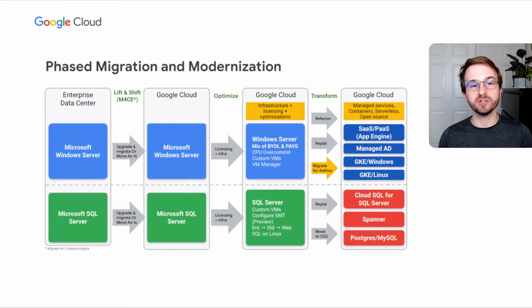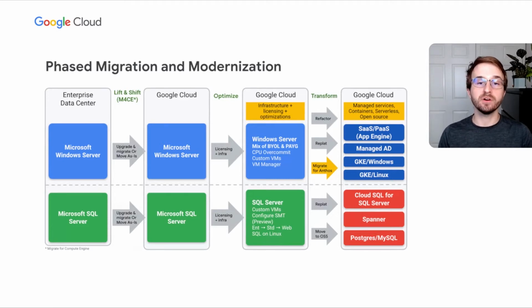Now, after you've optimized your workloads running in Google Cloud, then you can start thinking about transformation. Now, transformation means different things to different customers. For some customers, it means getting out of the infrastructure game altogether and running your Active Directory as Managed Active Directory or SQL Server as Cloud SQL for SQL Server. For other customers, it means containerization, running with Google Kubernetes Engine, either with Windows containers or Linux containers.